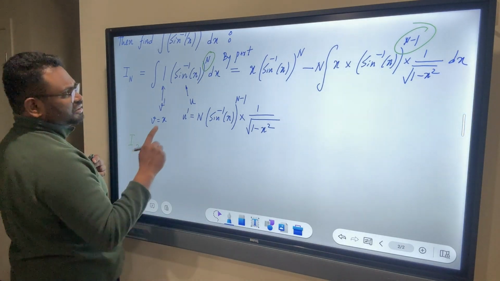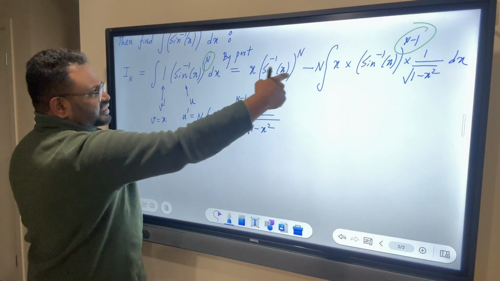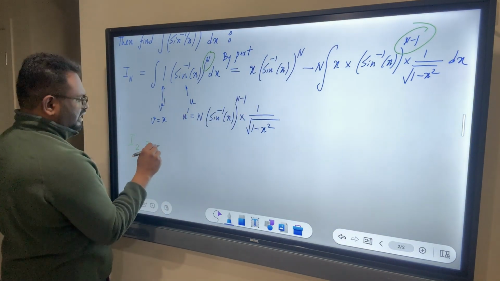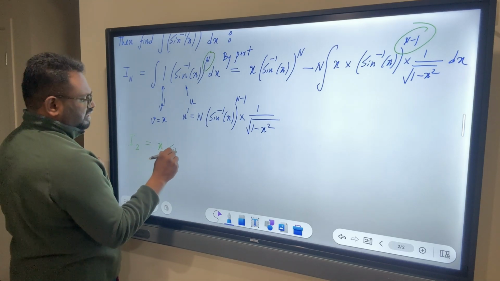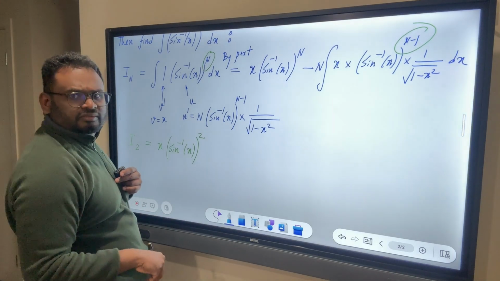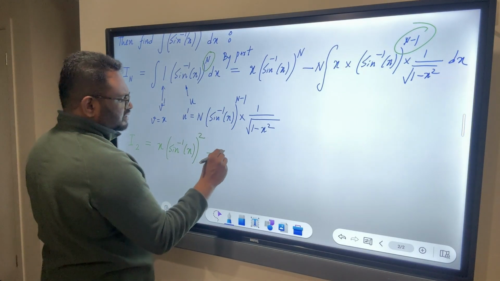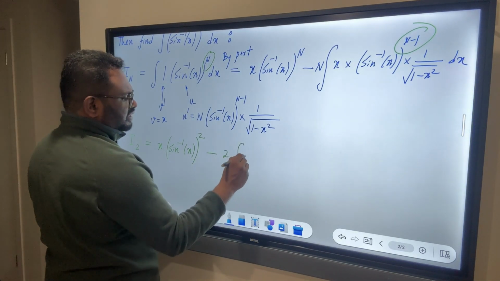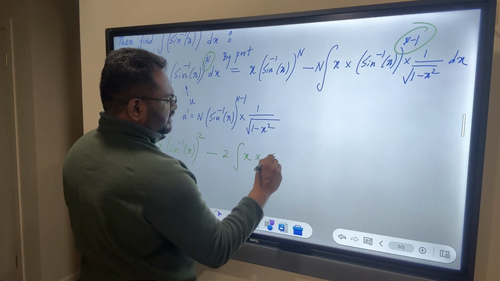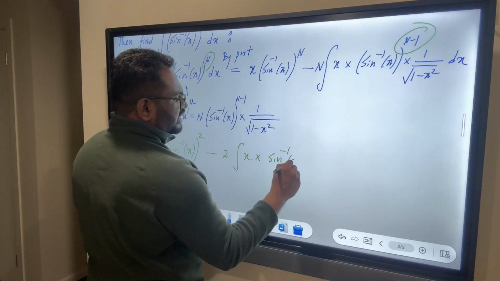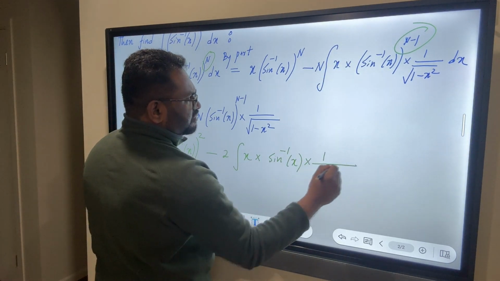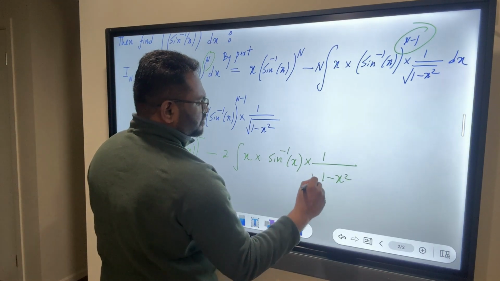So if that happens, I can write this term with n equal to 2. So it's going to be x (sine inverse x) squared here, then minus 2 times the integral of x, then (sine inverse x), 2 minus 1 is 1, and 1 divided by the square root of 1 minus x squared.